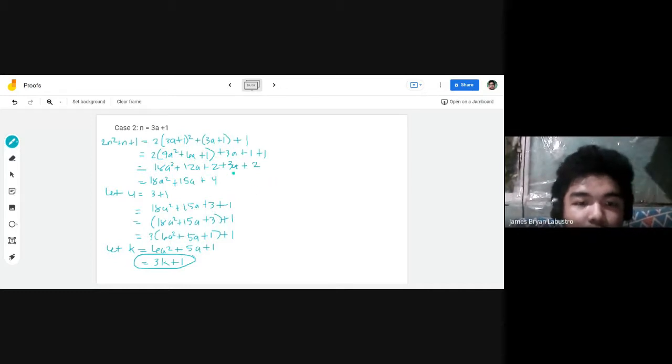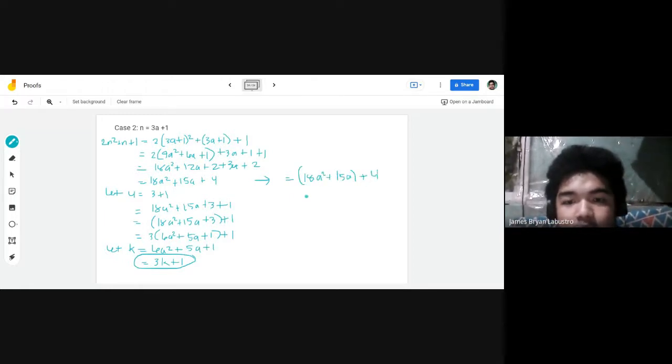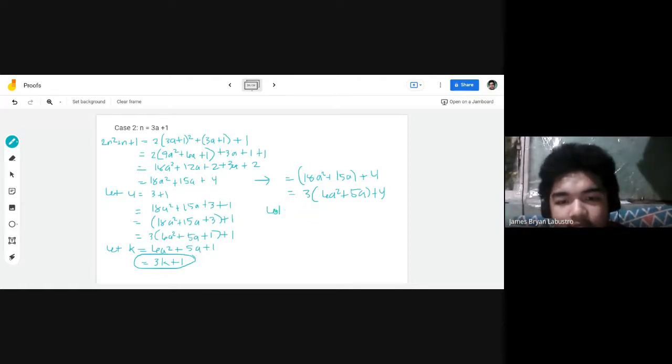So dito, diba? I can regroup this na para mas madali, plus 4. Then we factor out 3, so we have 3 times 6a squared plus 5a plus 4. Okay, let's say let k equal to 6a squared plus 5a. So we have 3k plus 4.